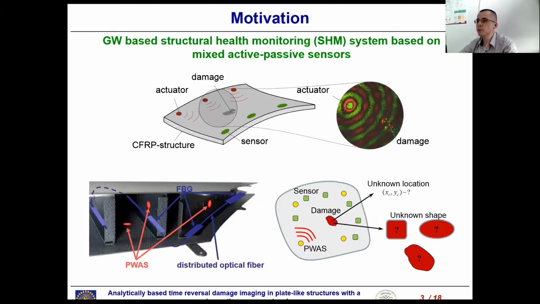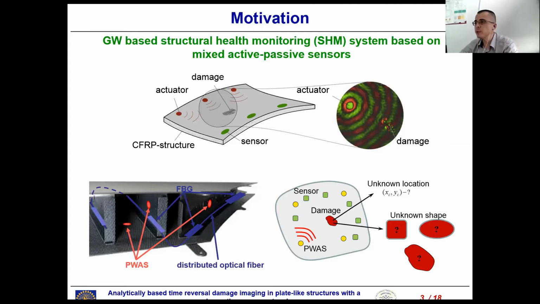So the motivation is that one of the main and challenging problems of guided wave-based structural health monitoring is not only damage detection, but also damage imaging, which means the estimation of damage size and severity.